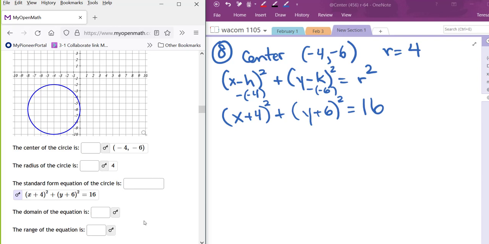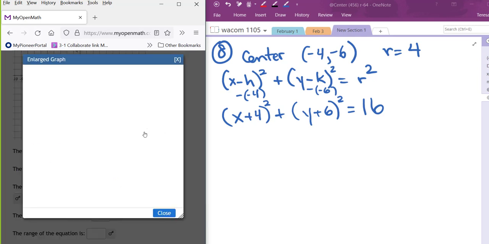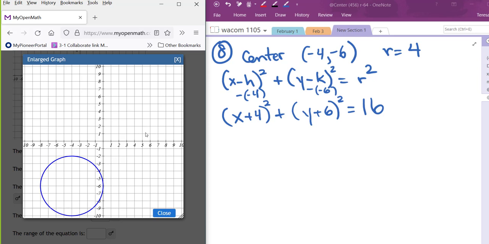Very good. All right, domain and range, and we're going to take it from the circle. And so I'll blow it back up, and you're just going to go across. So your leftmost point to your rightmost point will give your domain, right? And so our leftmost point is here, and this would be -8, and we are touching that.